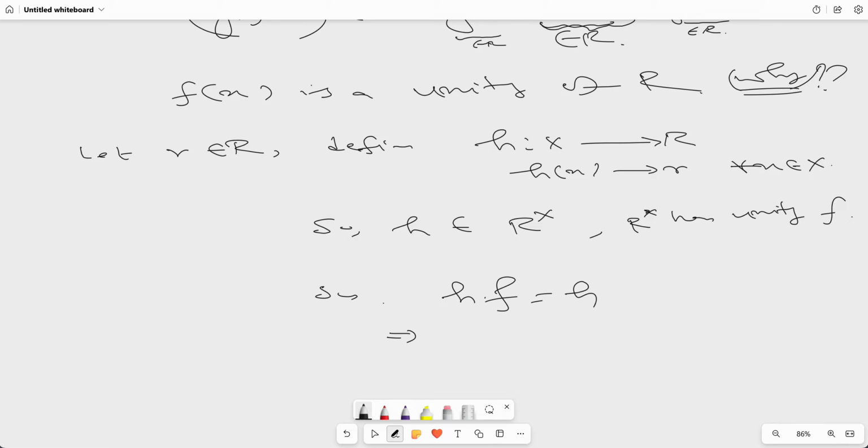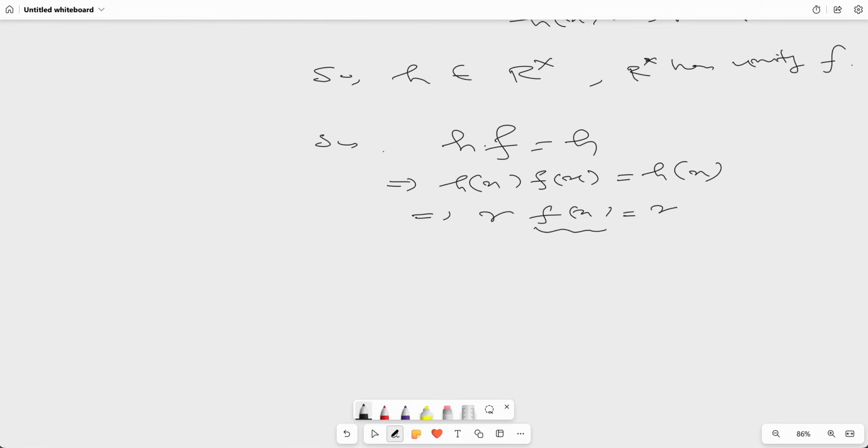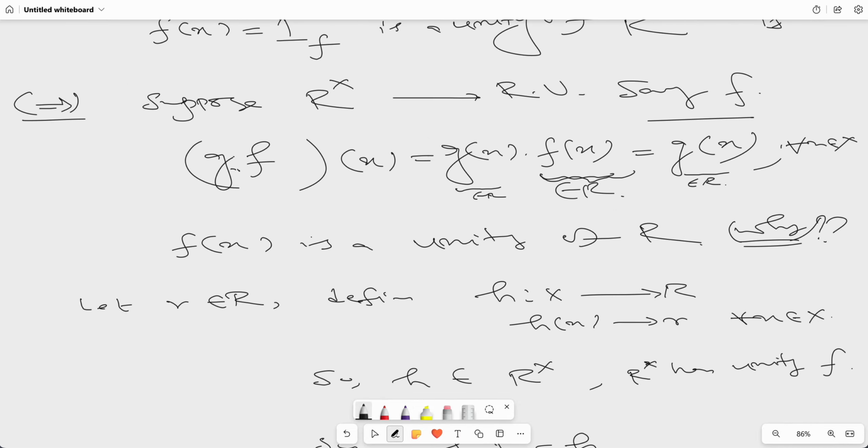This implies h(x) f(x) equals h(x). What is h(x)? h(x) is r, so r f(x) equals r. This implies that this element is going to be the unity of R. Am I clear? So this part is also done.